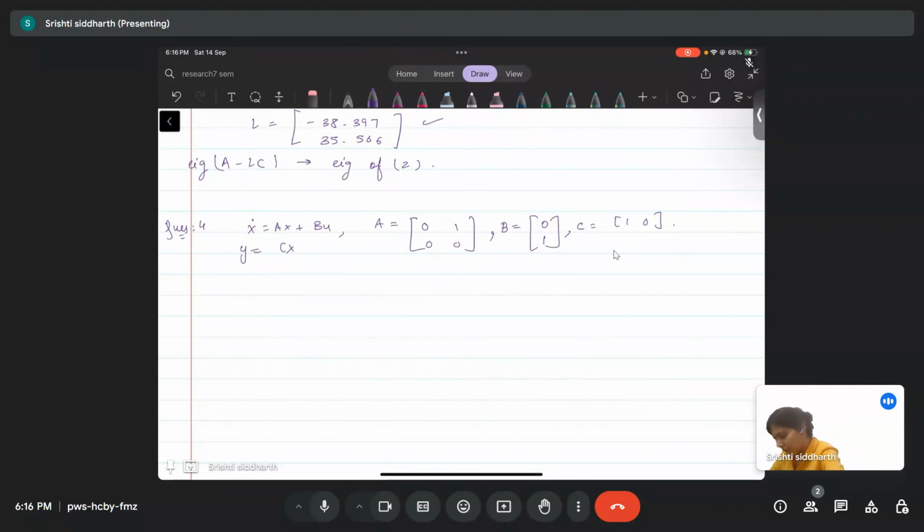Okay, so design a state observer for the system.